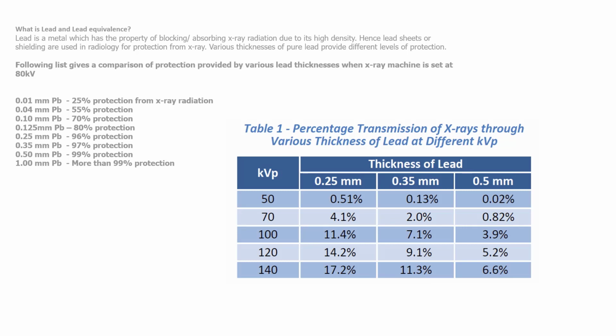So here we have a list comparison of protection provided by lead thicknesses when the X-ray machine is set at 80 kVp. Remember, kVp is the highest energy that the photon in the ionizing radiation beam can have. Does it mean all the photons are that?